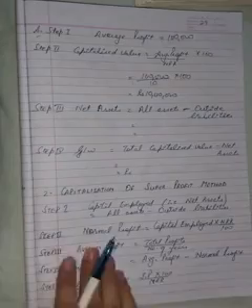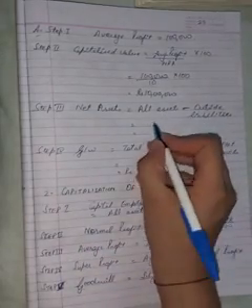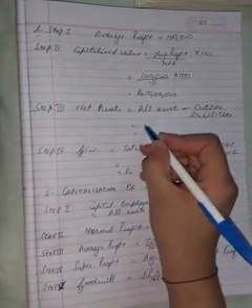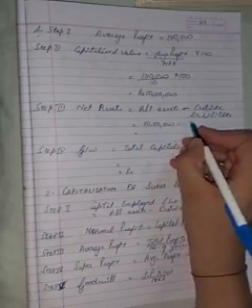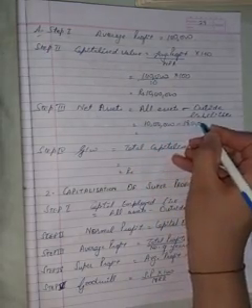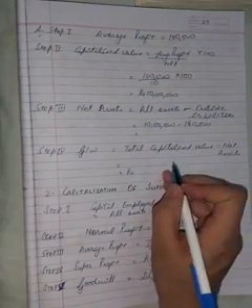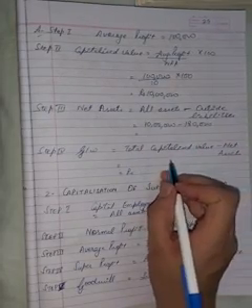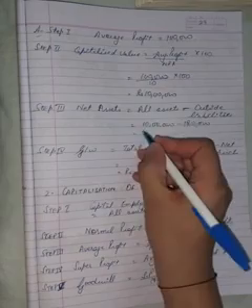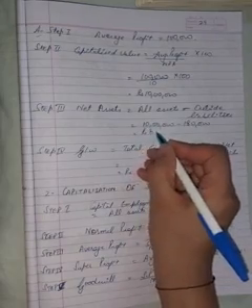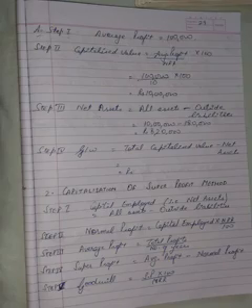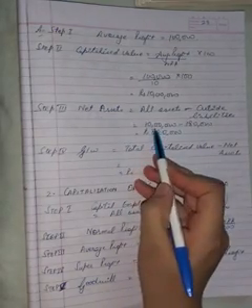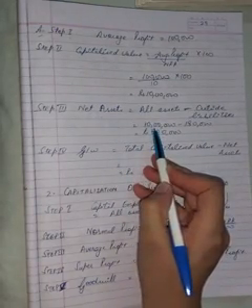Net assets: all assets are given as 10 lakh and outside liabilities are 1,80,000. Already they have given the same amount we need. So your net assets will be 8,20,000. 10 lakh as all assets are given.